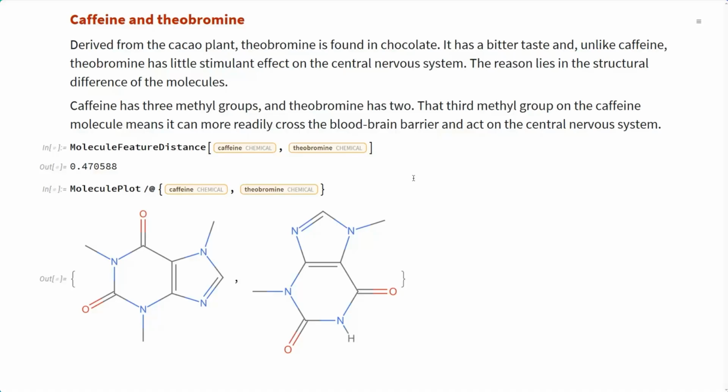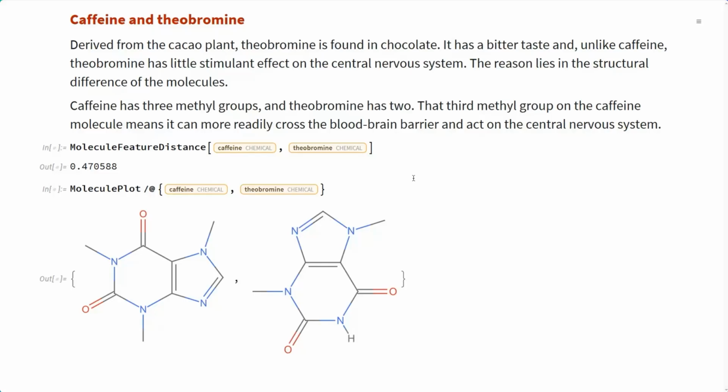Theobromine, that's from the cacao plant, and that's found in our chocolate, right? It has a bitter taste, and unlike caffeine, theobromine has very little stimulant effect on our central nervous system. And the reason lies in the structural difference of the molecules.